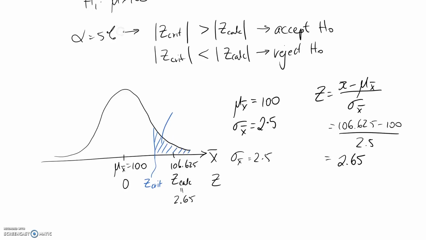In percentage form it's 5%, or in decimal it's 0.05. Based on this information, we should be able to look up what value is critical when we have an area of 0.05. And of course that's going to come from our inverse normal table.